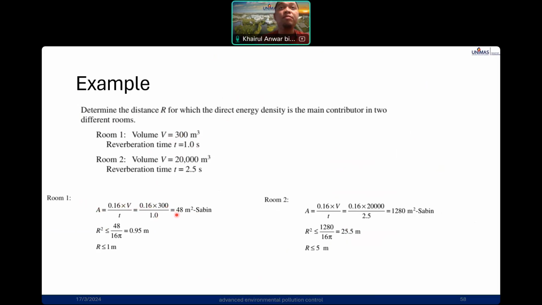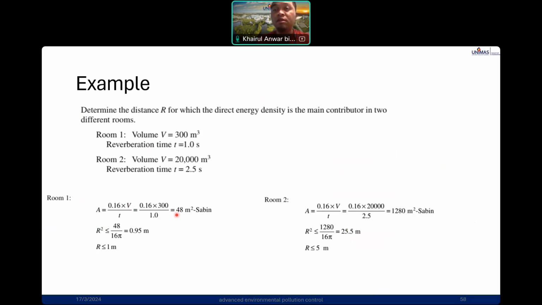For room 2, because the volume is big and the reverberation time is low, you get A equal to 100.